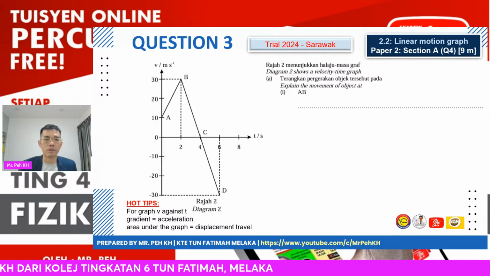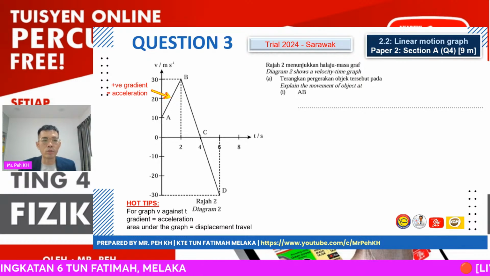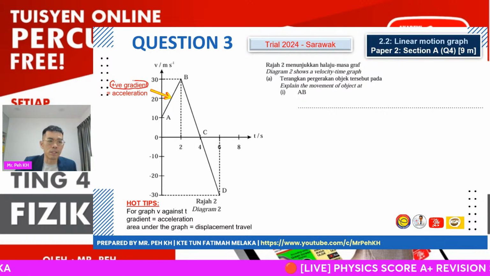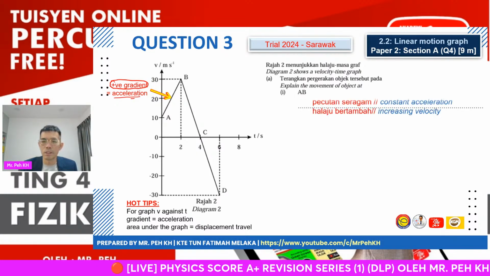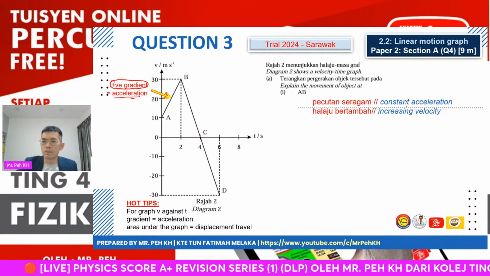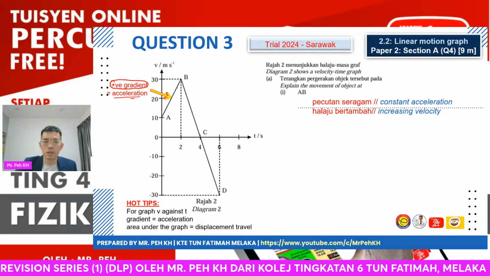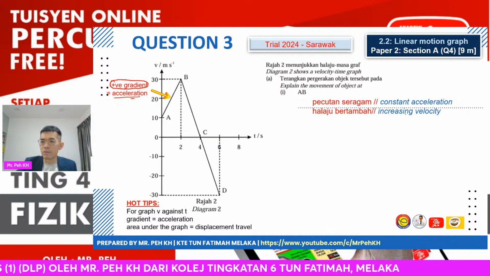Okay, so here look at AB. AB shows you a positive gradient. And as we mentioned already, the gradient represents the acceleration. So the motion here you can give as constant acceleration, or you can give increasing velocity.